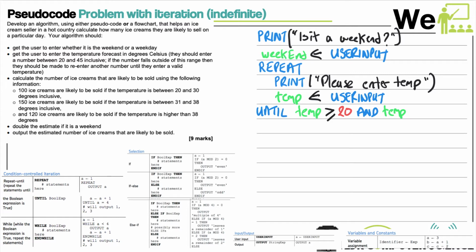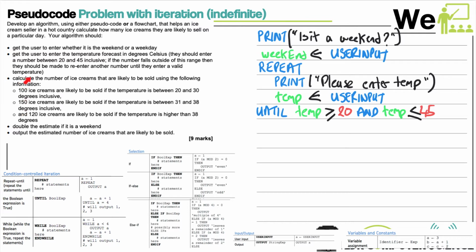Temp is less than 45. Now, if you do this, what's going to happen is if you actually put 45, 45 is not less than 45, so it would fail. So you'd have to say less than or equal to. Potentially you could say less than 46 if you're only putting whole numbers in. But if it's not just whole numbers, you could put 45.9 and it would be wrong. So I guess that's the trade-off.